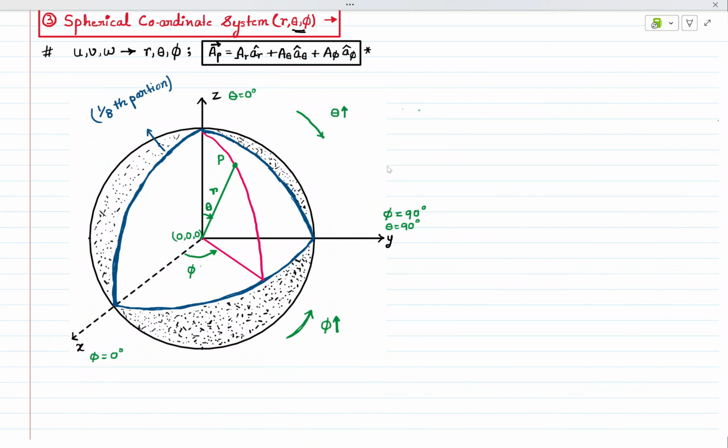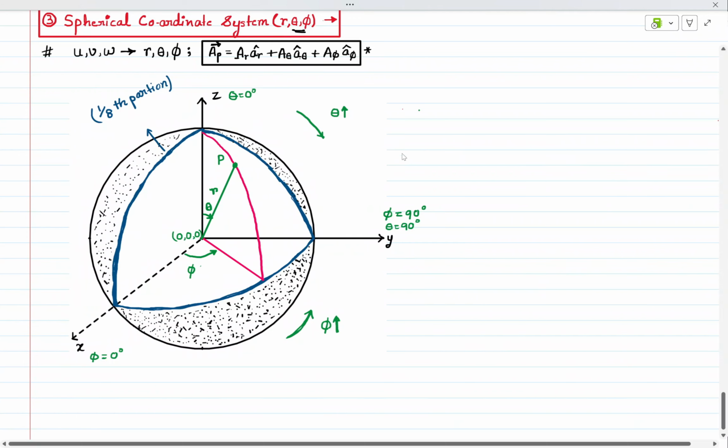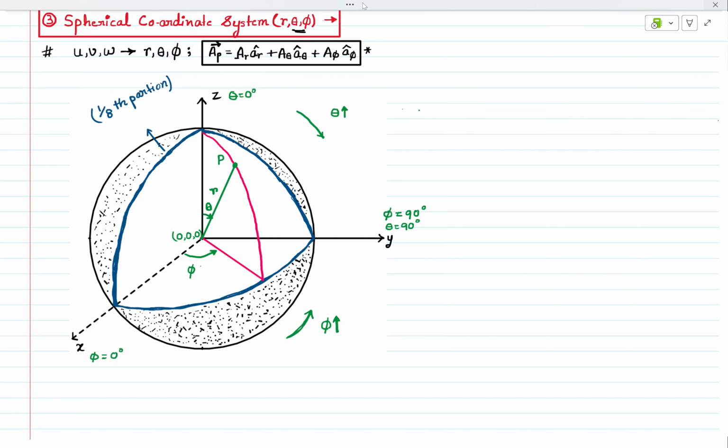Now, let me take a different color. Okay. Now, see, the point P is in the three-dimensional vector space. As the point P is in the three-dimensional vector space, this is not like a normal point. It is a vector point or the point vector.